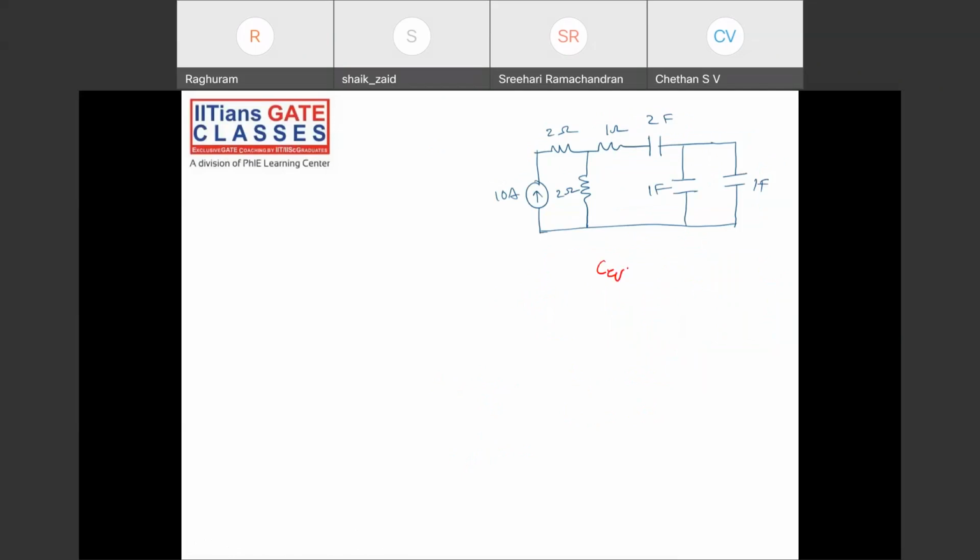C equivalent is 1 plus 1 parallel is 2. 2 and 2 series is 1 farad. Okay. And R equivalent, as seen from these terminals. Open this. 2 and 1 in series is 3 ohms. So tau is equal to R equivalent into C equivalent, which is 3 seconds.